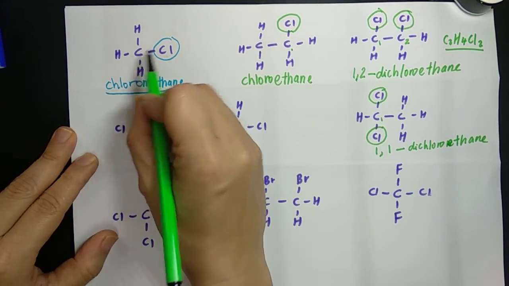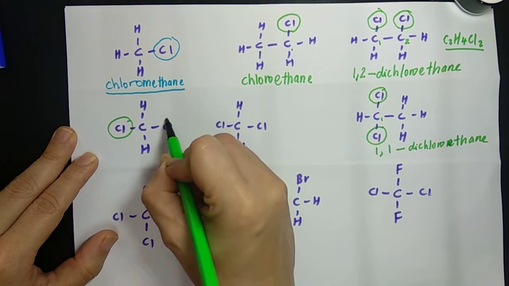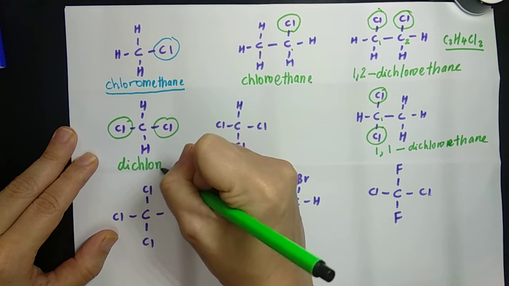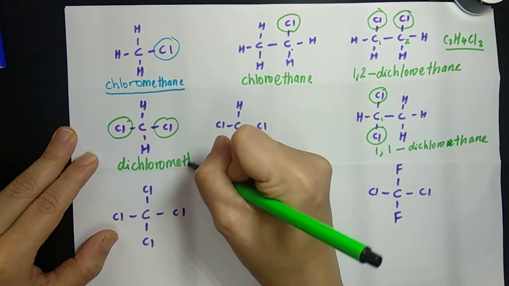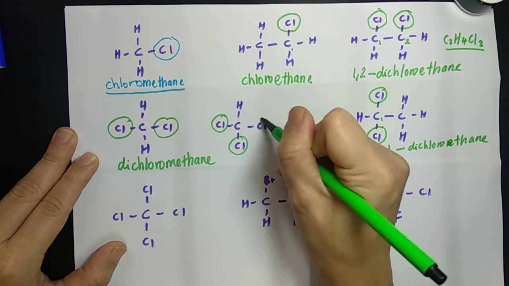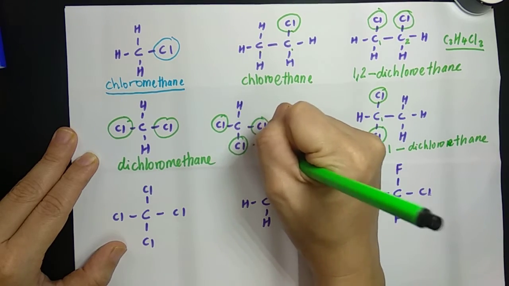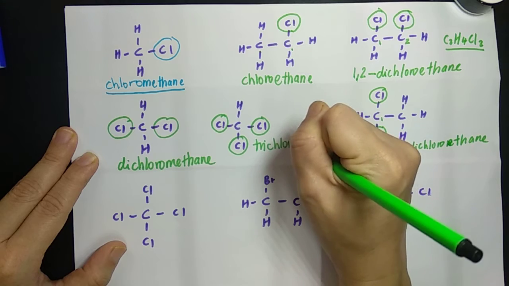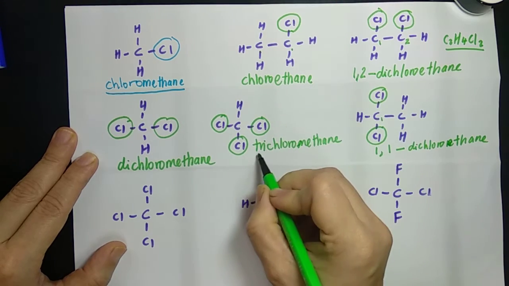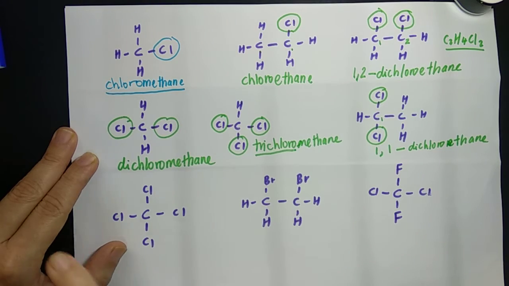Okay, let's look at this. Now, this was a chloromethane. This would be called dichloromethane. And these would be called trichloromethane, sorry. Trichloro because three chlorines.